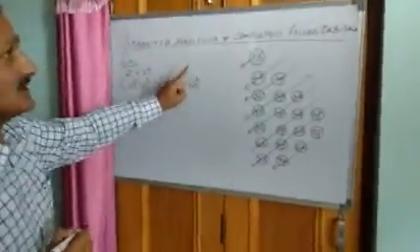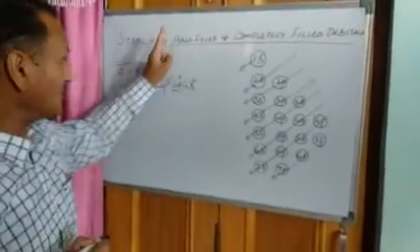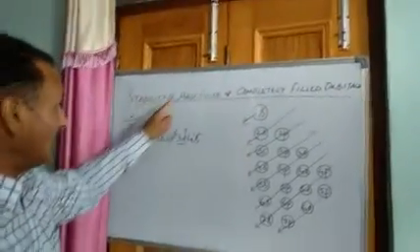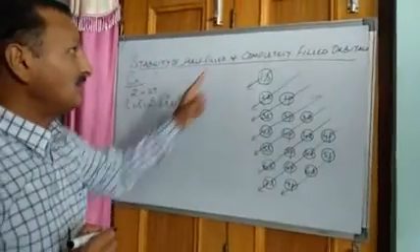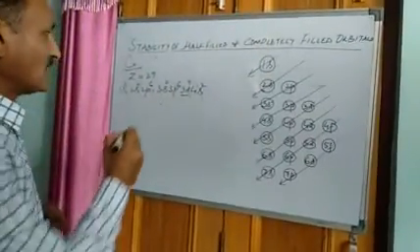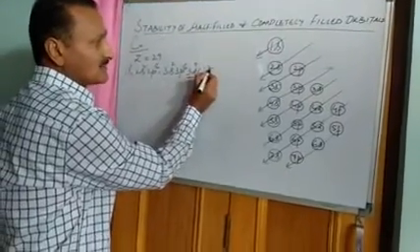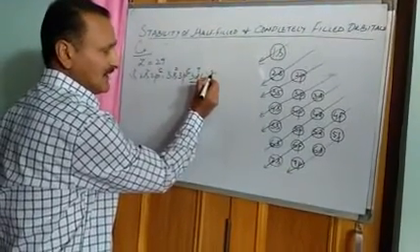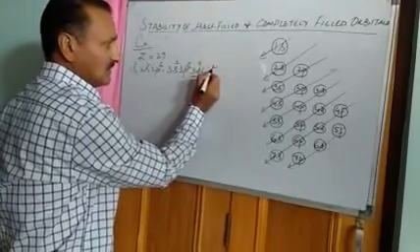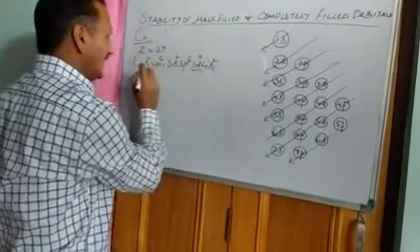I am coming to the case of completely filled now. In the first case, in case of chromium, I had taken half filled. Now this time I will be taking completely filled. Now see, if this d gets one electron from this 4s orbital, then it gets 10 like this.